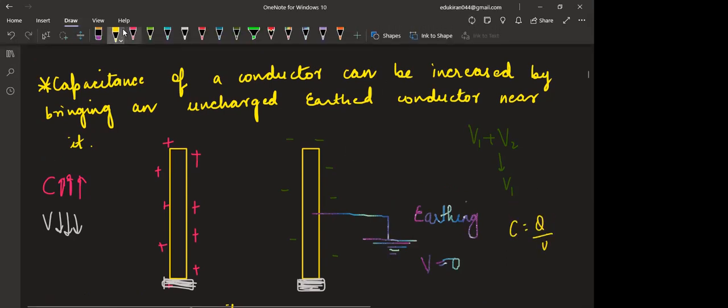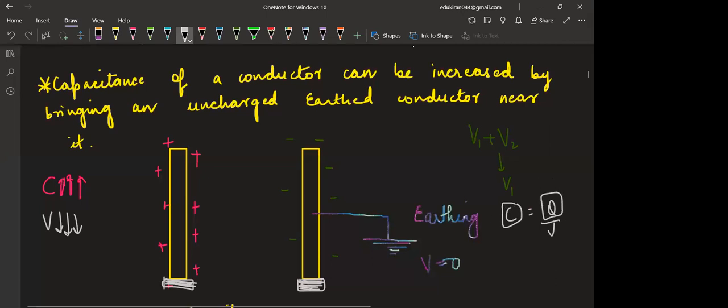So when I'm talking about this, it is mathematically true and physically also true. C is inversely proportional to V. But when I talk about capacitance and charge, that is just mathematically directly proportional to each other. Actually, it is not directly proportional.